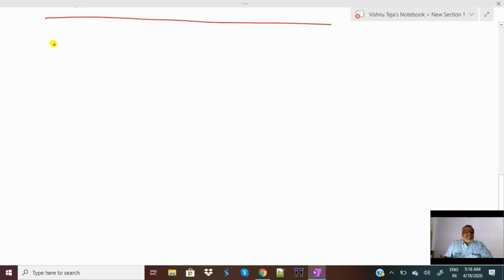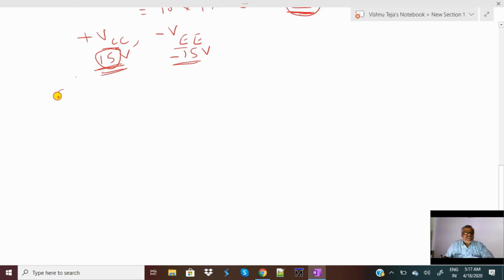I would like to present these characteristics in the form of a table so that we can easily remember and recall them.